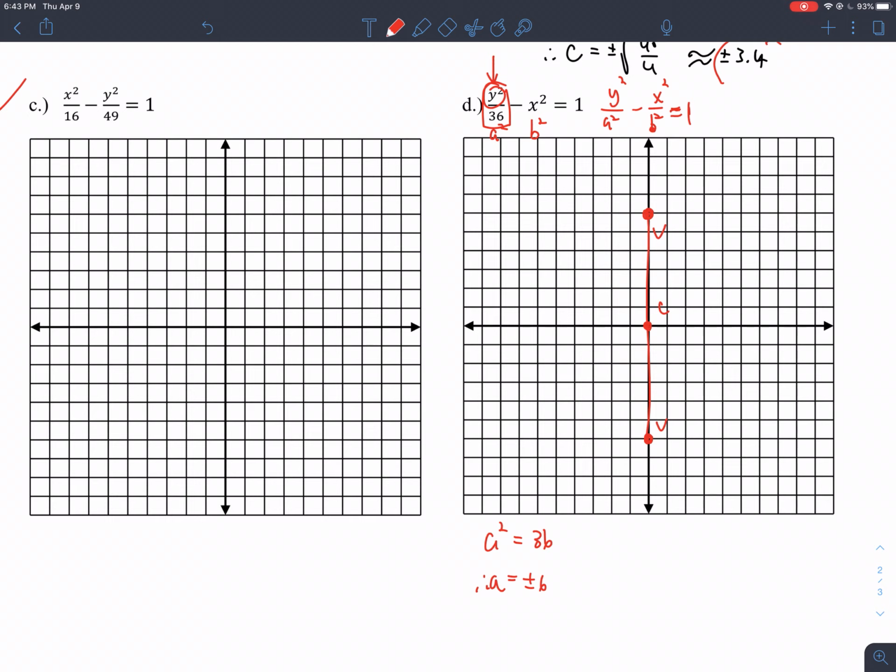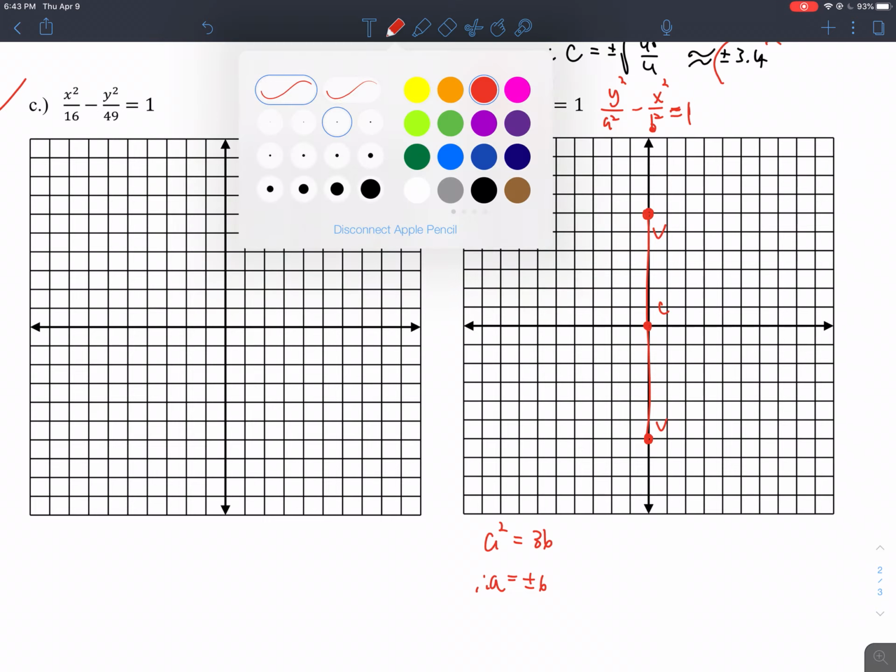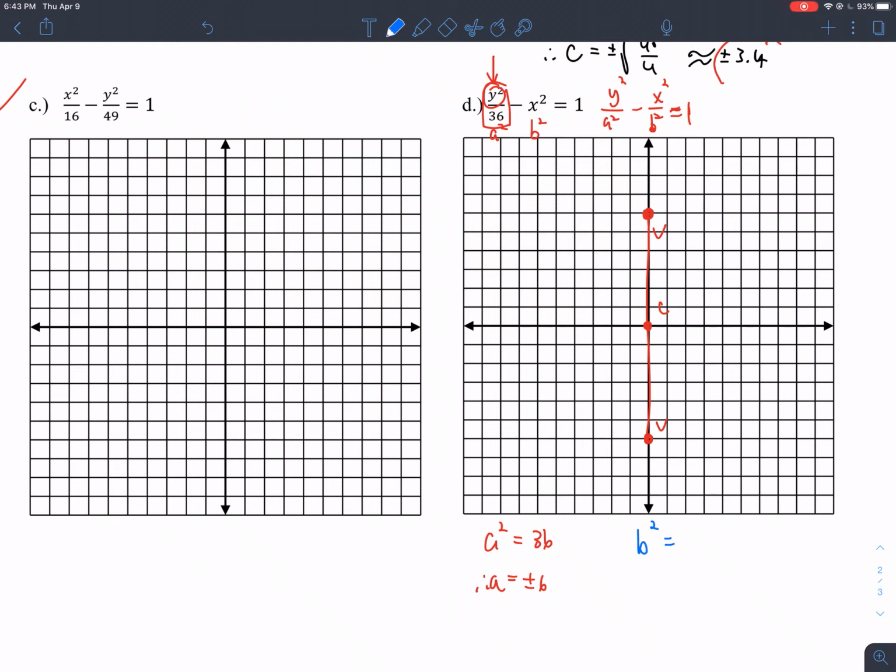And so now I know where the branches are. The branches definitely are here. And I can't draw the other point, so I can use b squared. Let me do that. So we can use b squared equals 1. That means b is, if you take the square root, plus minus 1. So 1 and 1. And now I can draw my box that will help me draw my asymptotes.